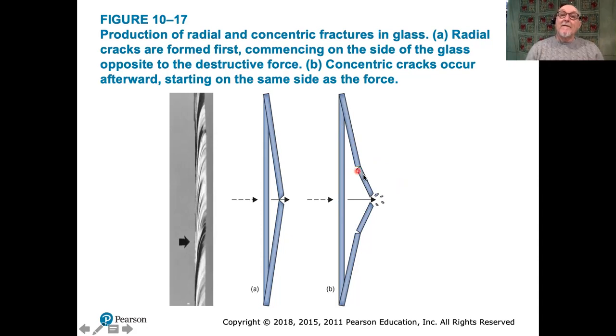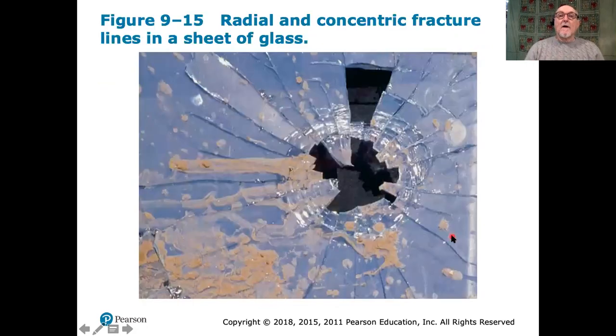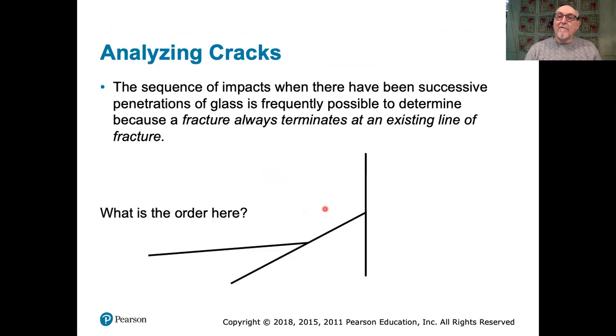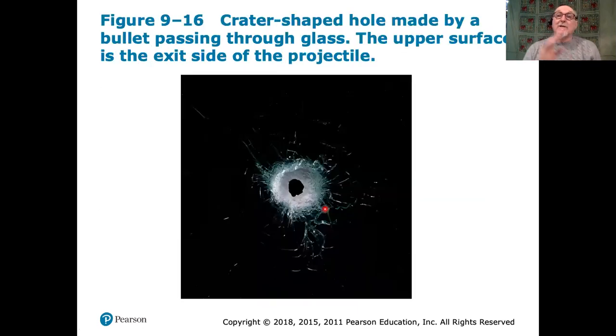And so here, the stress lines bend this way. In this case, they bend that way, like that. And this is the exit hole again. The exit hole may tell you not only from which side the projectile came, it may also contain some information about direction.